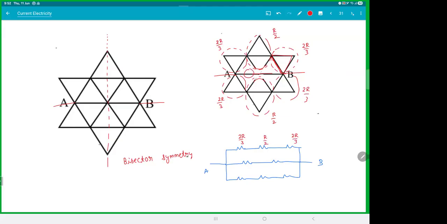And this is the middle. Remember, there are two resistors here in the middle. That is your R and R. And 2R by 3, R by 2, and 2R by 3. Now this simply becomes series and parallel. Yeah, we'll get 22R by 35.